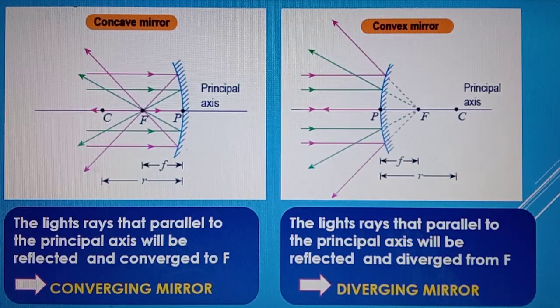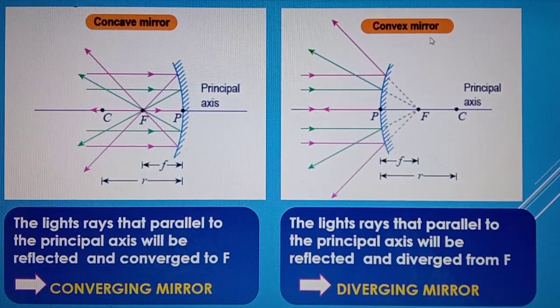So all the parallel light rays, as you can see here, once reflected, will meet at one point here or converge to one point that we call the focal point of the concave mirror. So this is the focal point of the concave mirror. So the light rays that are parallel to the principal axis will be reflected and converge to F. So that's the reason why this concave mirror, we call it converging mirror.